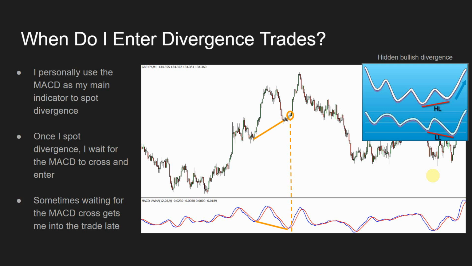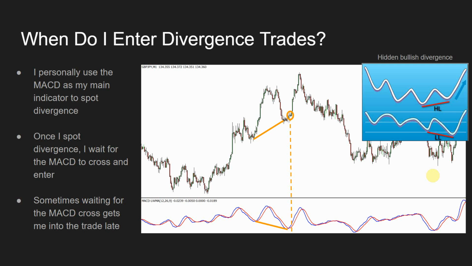A lot of people ask me what oscillators I use to spot hidden divergence or any type of divergence, and I like to use the MACD. The reason is that it is a crossover indicator, and it's those crossovers that I use to enter my trades. Another reason is that I think it's visually the best oscillator to use.